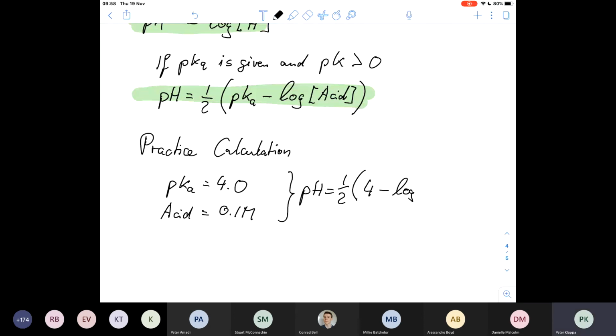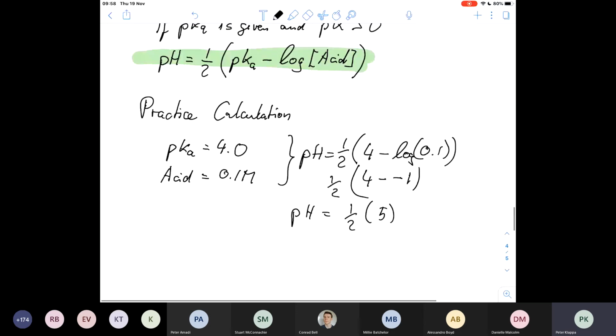So it is 4 minus log 0.1, which is -1. Half pH equals 4 minus -1, that gives 5. The pH, therefore, would be 2.5. Simples. Any questions?